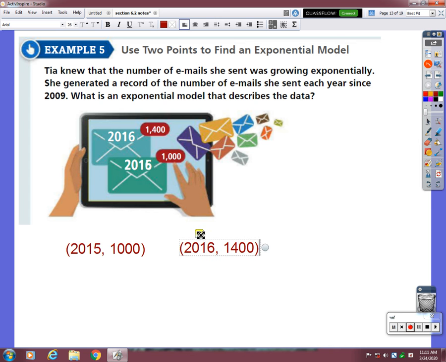So, in order to come up with an exponential equation for this, all you have to do is figure out the growth rate, which is really easy because we have consecutive years.